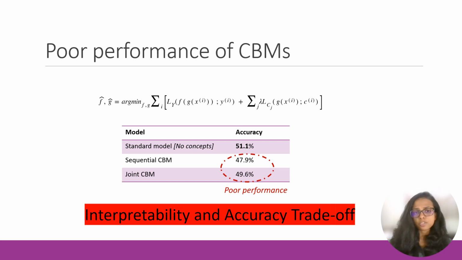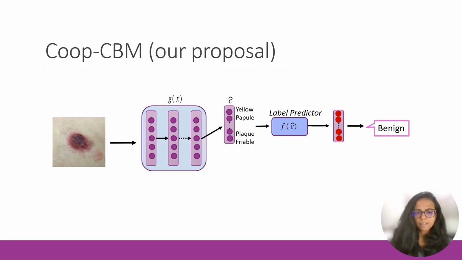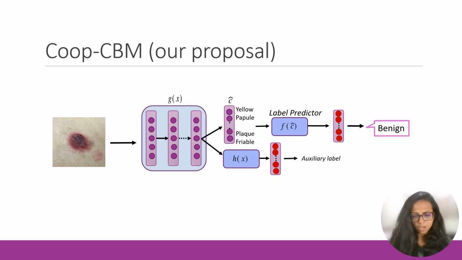This is the motivation of our work, and we propose coop CBM that overcomes this trade-off. Over here, let's imagine we have the normal CBM stream, but we introduce an auxiliary stream where the model predicts an auxiliary label to make the concept predictor understand a bit more about the final label.